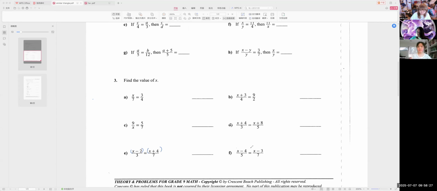Okay, I help you a little bit. You bracket and you times them. The same thing, you think the x minus 2 is a whole thing. And so x minus 2 times 7 equals x plus 4 times 3.